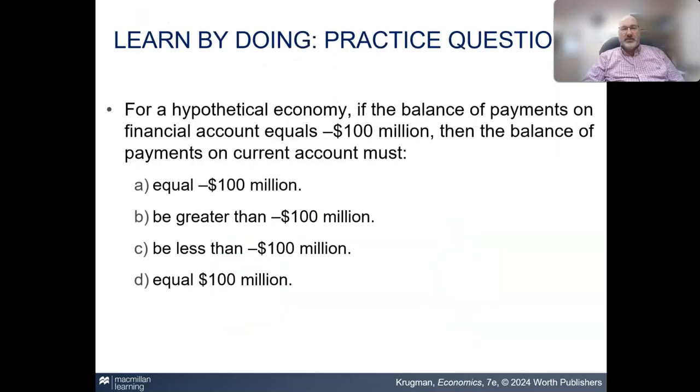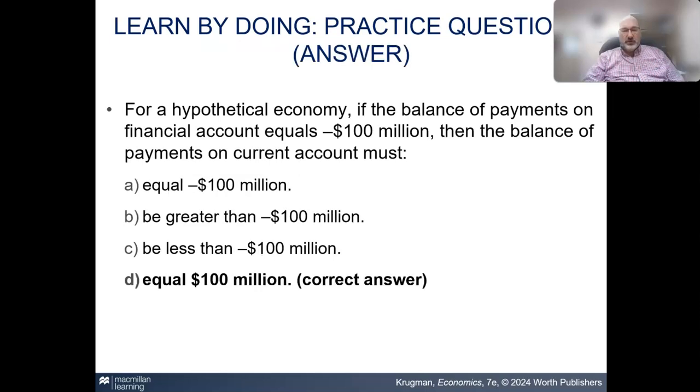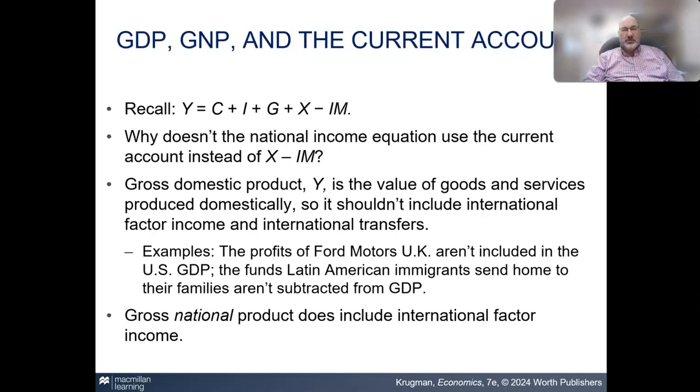So for a hypothetical economy, if the balance of payments on financial account equals negative 100 million, then the balance of payments on current account must be equal to 100 million. Got to zero out.